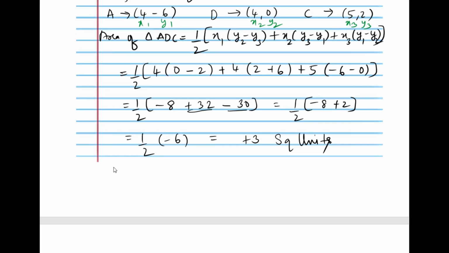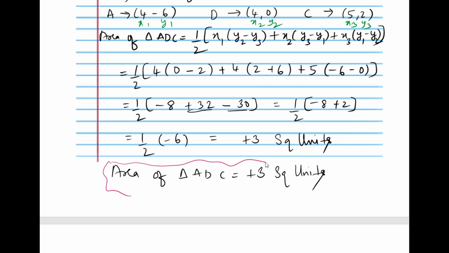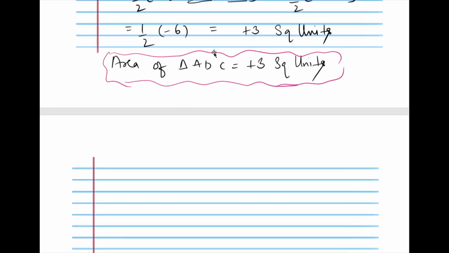That is, area of triangle ADC equals 3 square units. Since area cannot be negative, we got area of triangle ADC as plus 3 square units. What is the next step?